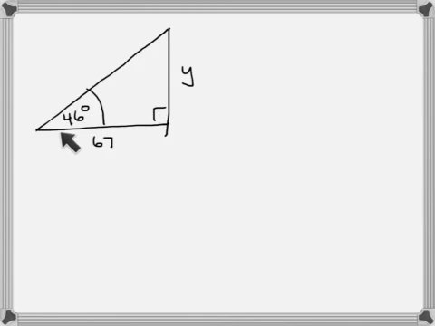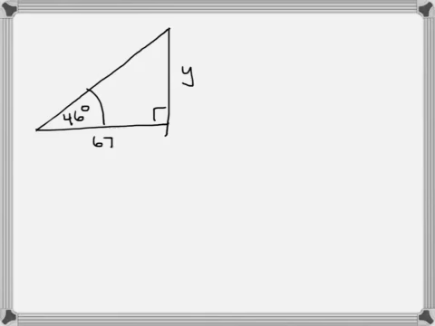This one would be the triangle formed by the line of sight from the surveyor to the top of the antenna and the building on this side, and then the ground between the surveyor and the building. So I have a right triangle, I have this angle here, and I have the side opposite that angle and the side adjacent to that angle.